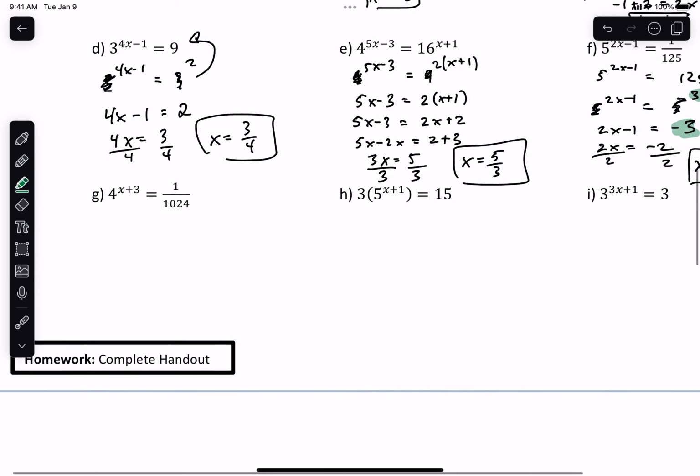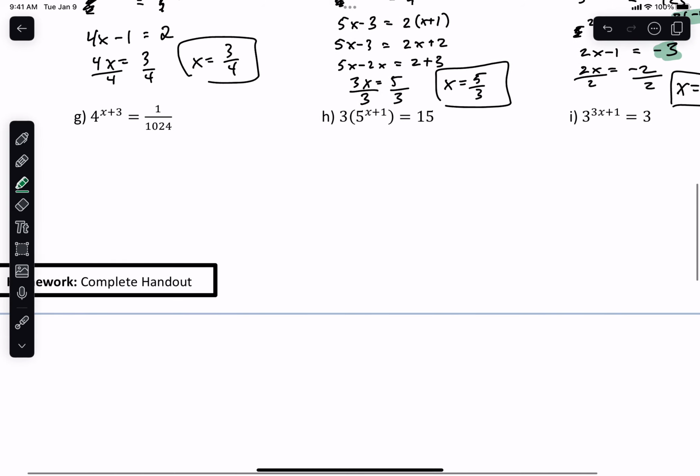Okay, everybody okay? Same idea. What do I do here? 1,024 to the negative 1. So 4 to the x plus 3 has to equal 1,024 to the negative 1.